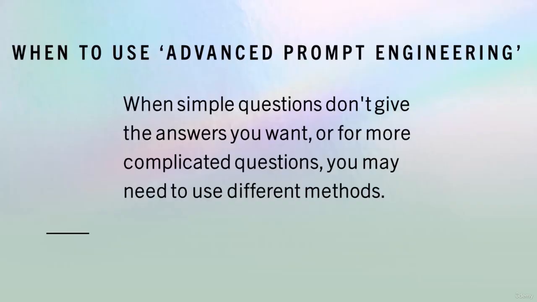So, when do you need to go beyond basic prompt engineering and use these advanced skills? Well, basic prompts might not be enough when you are dealing with complicated questions. This happens when the techniques you learned before just can't handle the job, or when you need a more complex approach.